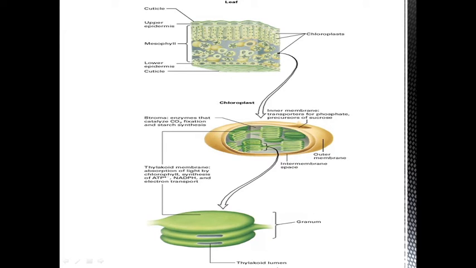The thylakoid lumen is present in each grana. Now this is useful for photophosphorylation and also the pumping of protons towards the membrane of thylakoid from lumen.